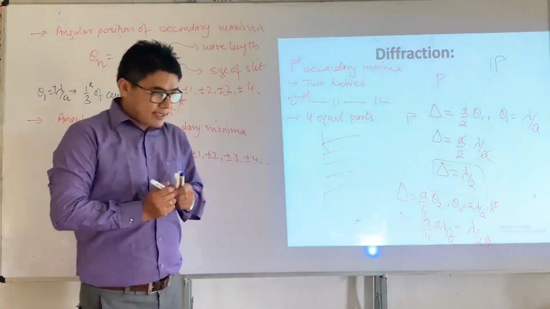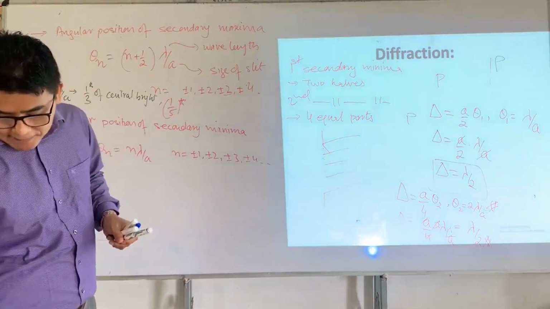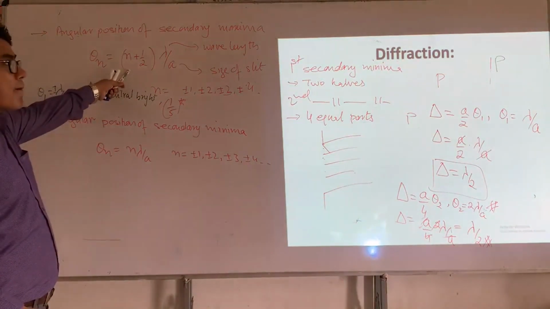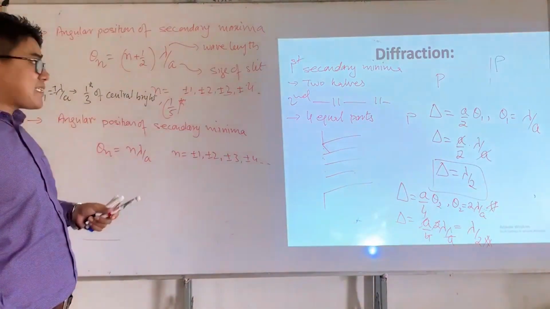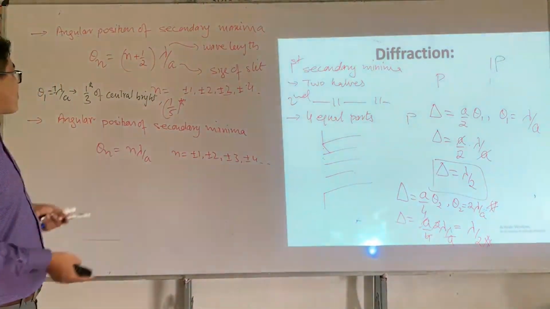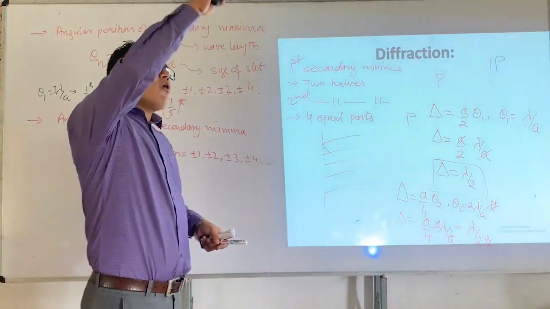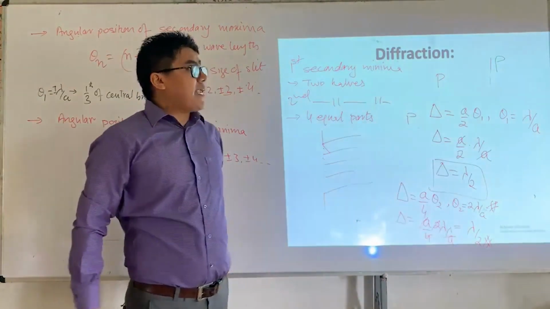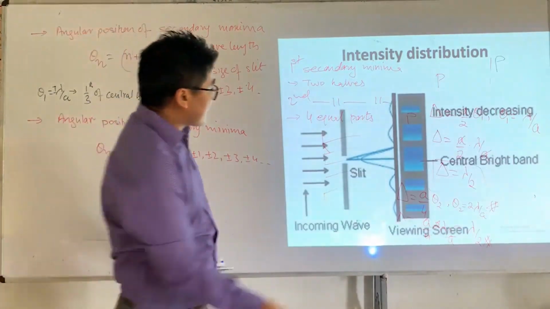So this tells us that the position of secondary maximas is given by this formula, and the position of secondary minimas is given by this formula. For secondary maxima, the brightness goes on decreasing as you go away from the central bright. How does the brightness decrease? 1/3, 1/5, 1/7, right? As you go away from the central maxima, the brightness goes on decreasing. So this is one part.